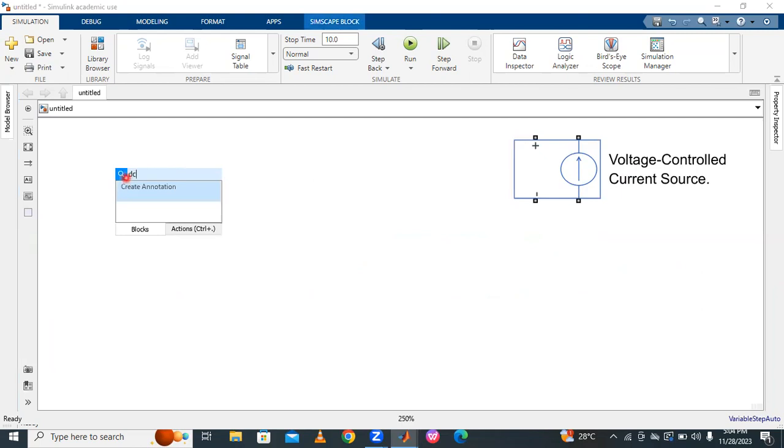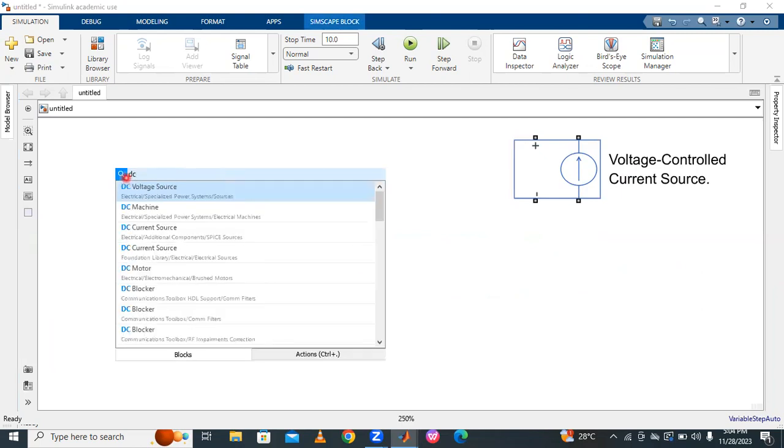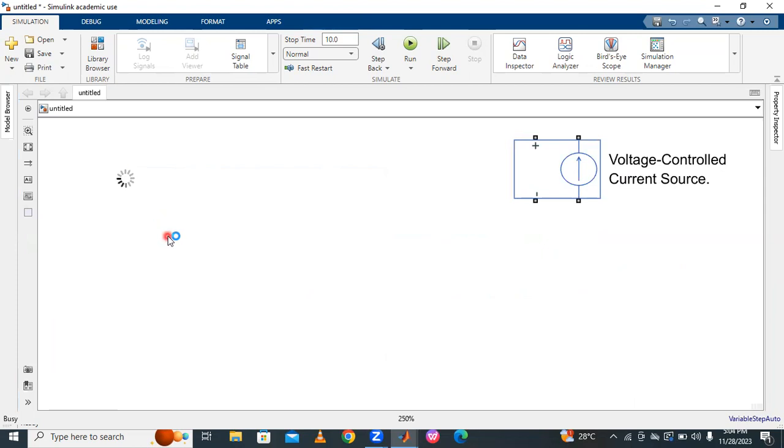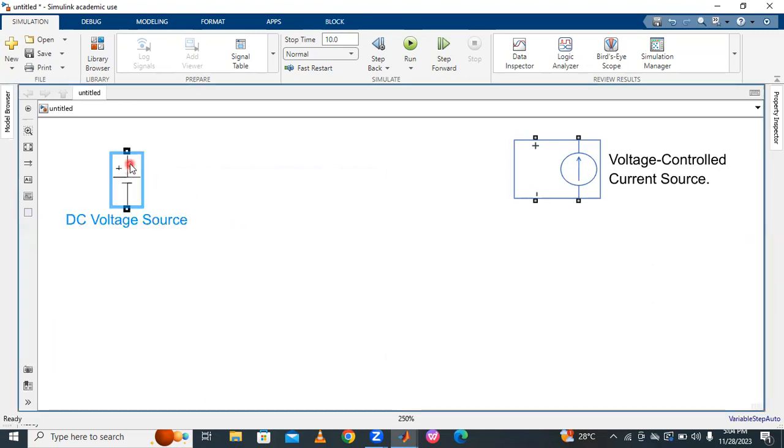First, take one DC voltage source. This is called the DC voltage source. If it is black, it can be used for Simulink.